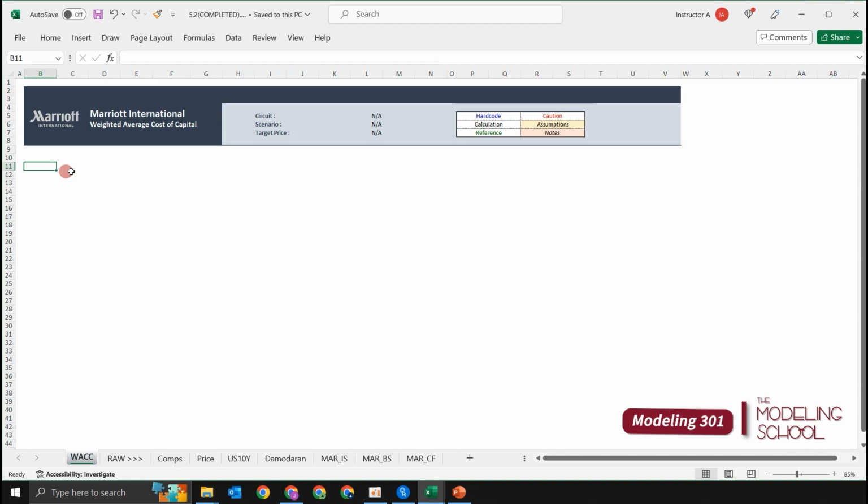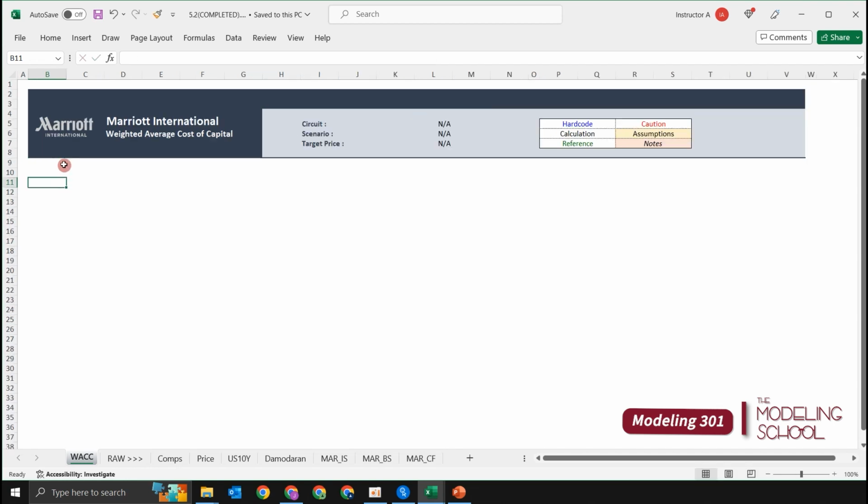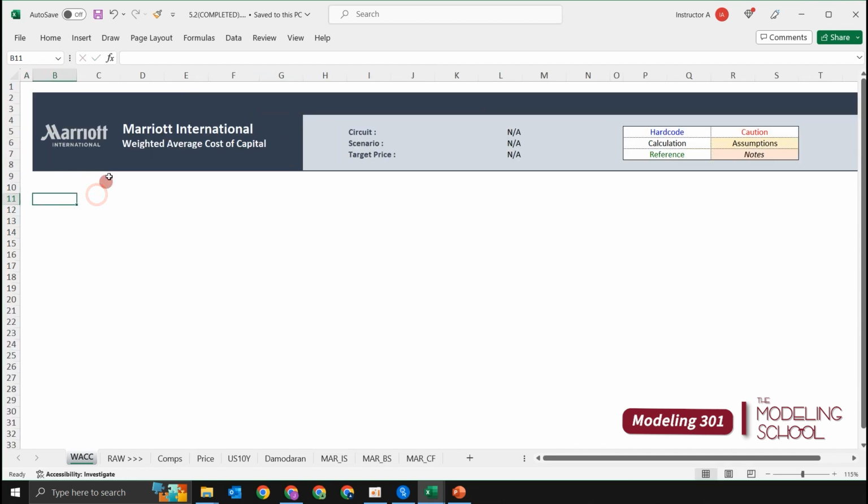The first step, we're going to simply write and express the weighted average cost of capital calculation formula. So the title will be weighted average cost of capital calculation.